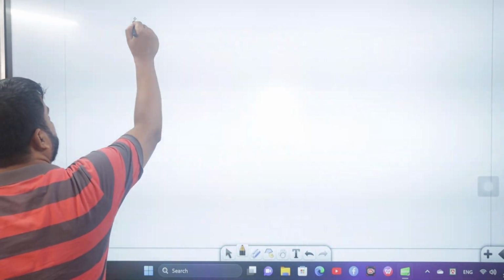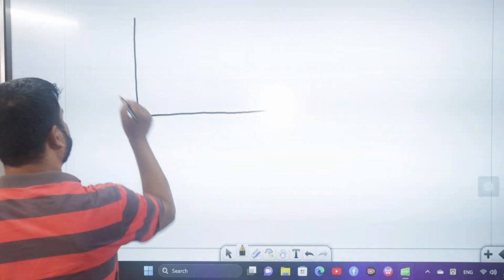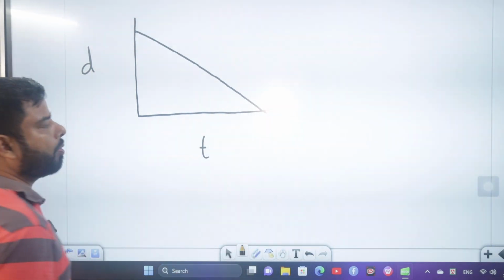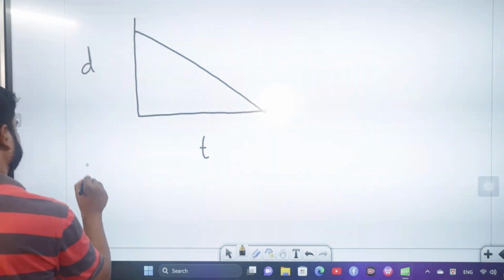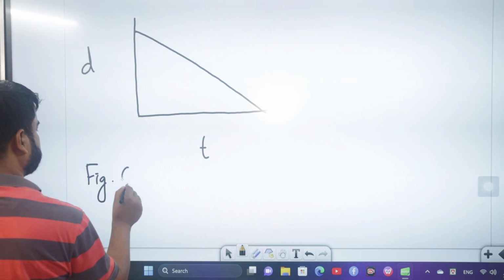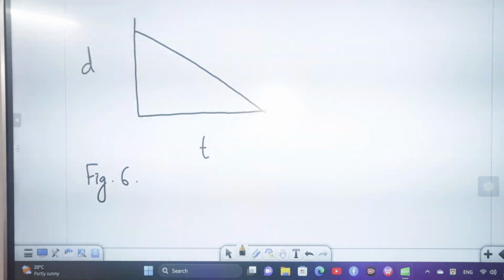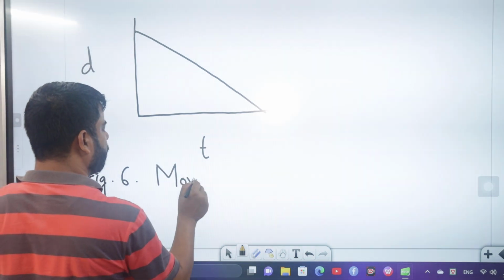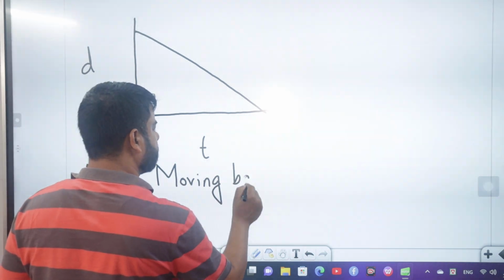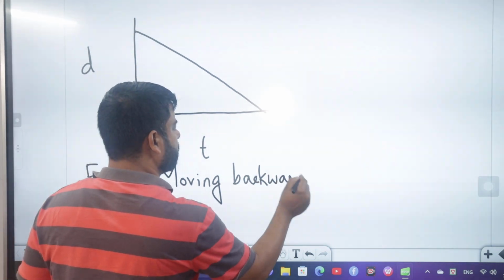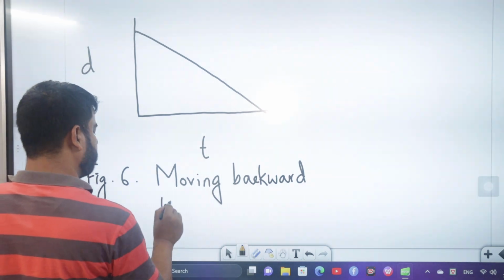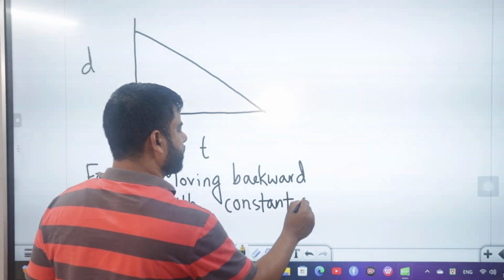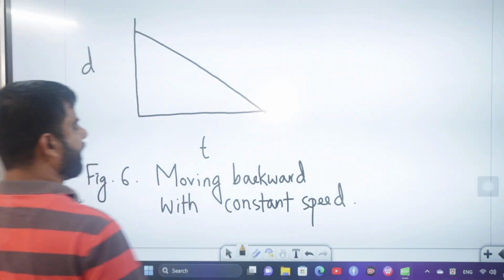Now if a distance time graph is like that, then tell me what type of motion is represented from this graph. So moving backward with constant speed.